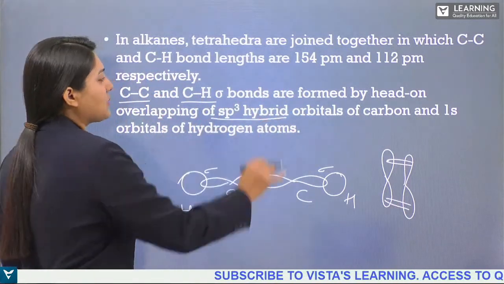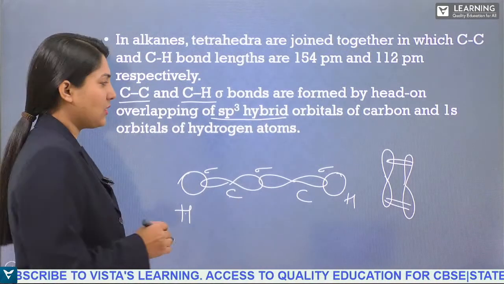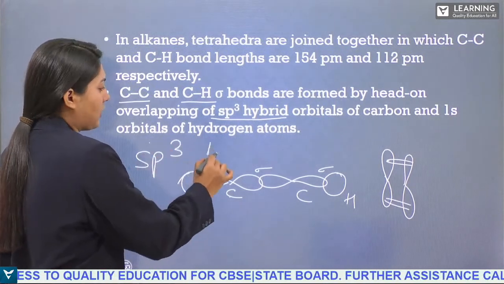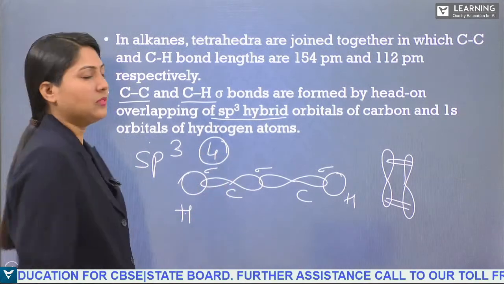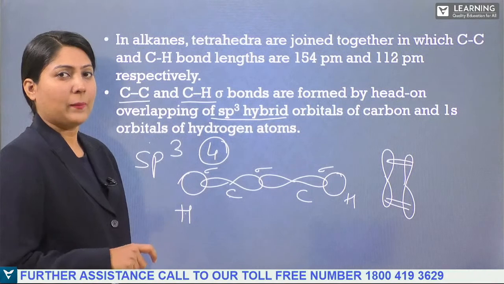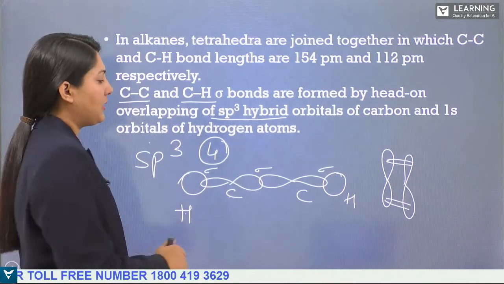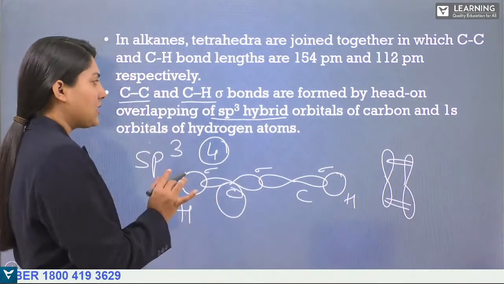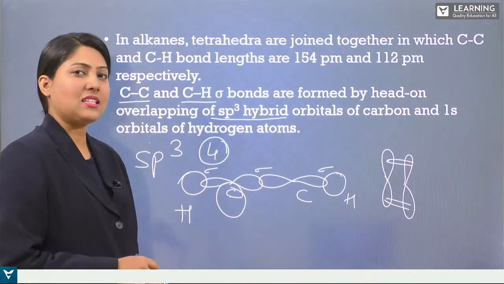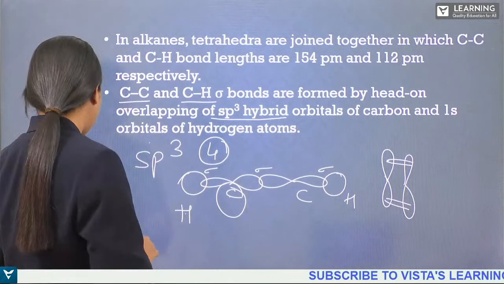And here we have the sp3 hybrid orbitals for carbon. As I said in the previous sessions, sp3, 3 plus 1, 4. So as we know, carbon has a valency of 4 and it will be forming sp3 hybrid orbitals. So 4 hybrid orbitals we require for carbon. Always remember, for alkanes carbon will always have sp3 hybridization.